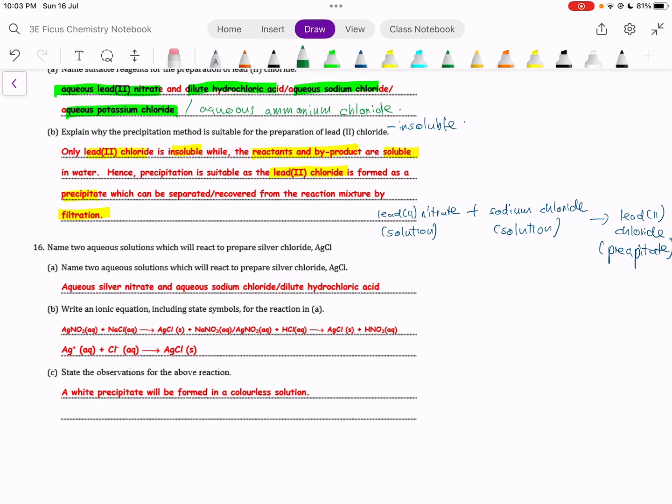Once again, insoluble salt, so silver goes with nitrate, and then chloride goes with your spar or otherwise an acid. So aqueous silver nitrate, aqueous sodium chloride, dilute hydrochloric acid. Other possibilities include aqueous potassium chloride, aqueous ammonium chloride.